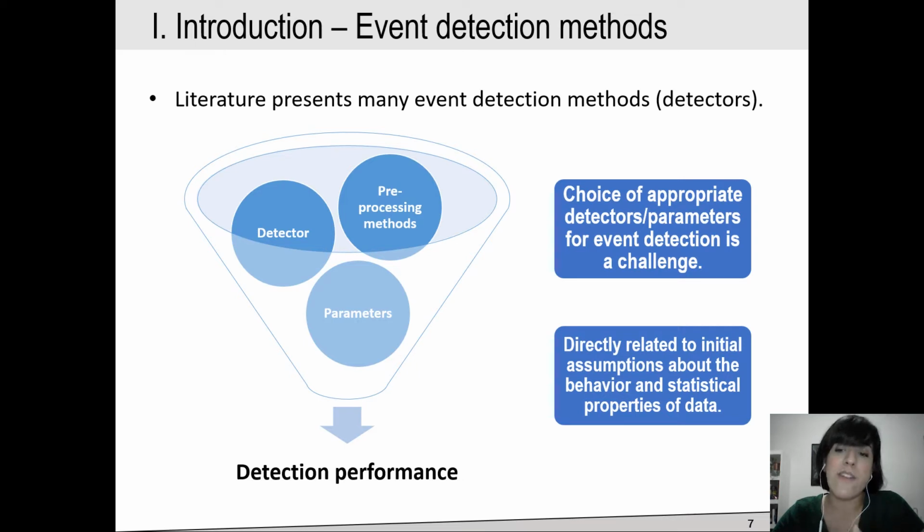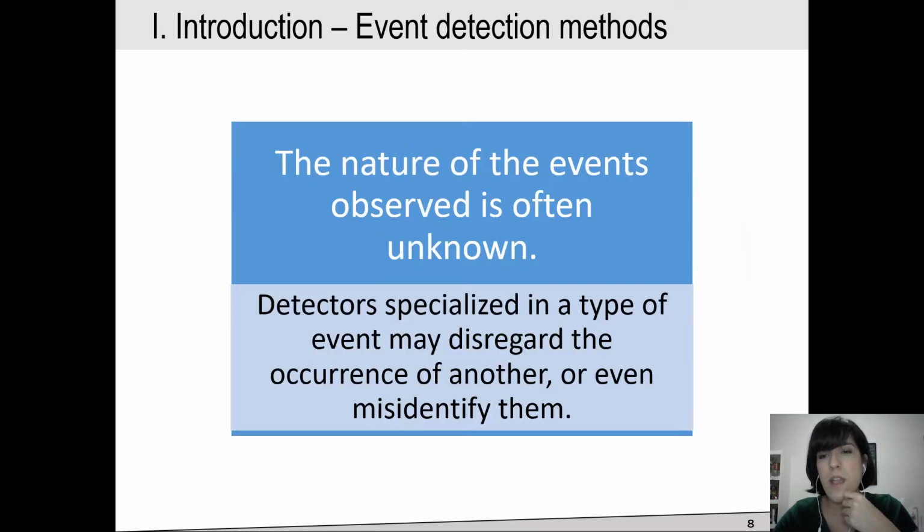The selection and parameterization of a method are directly related to the initial assumptions that you make about the behavior and the statistical properties of the data. The complexity of this task is even aggravated, considering that the actual nature of the events observed in a time series is often not known in advance.